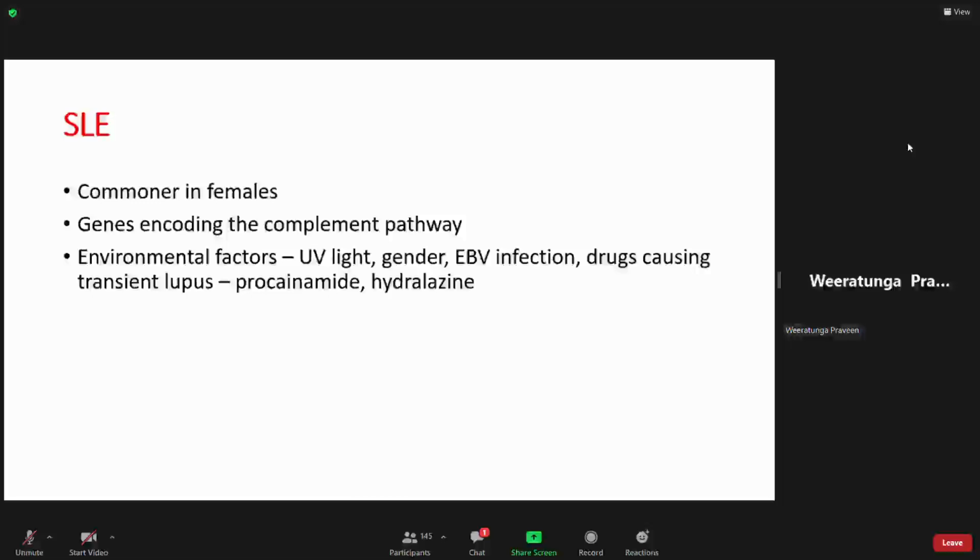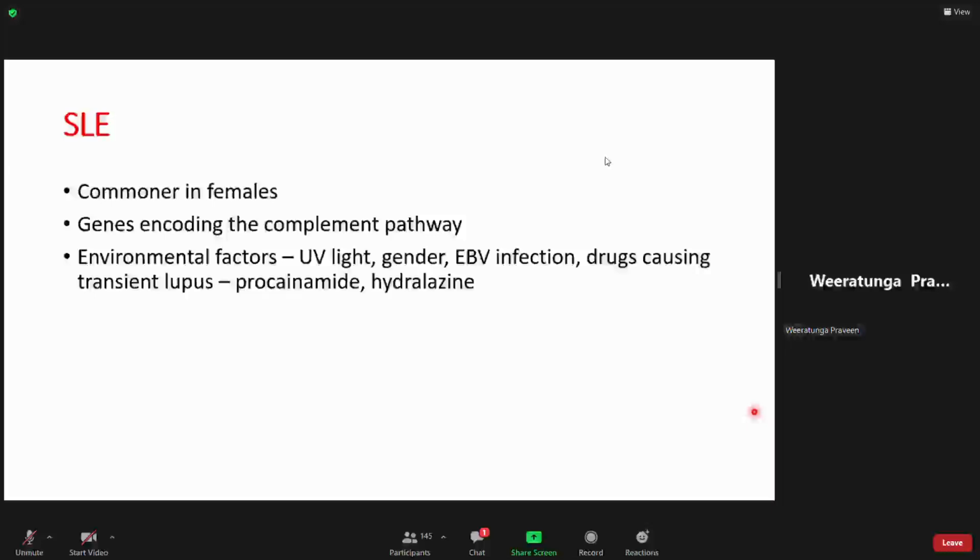The pathogenesis of SLE involves some genetic predisposition as well as some environmental factors. Pathogenesis of SLE partly has a genetic component, but also has more of an environmental contribution.